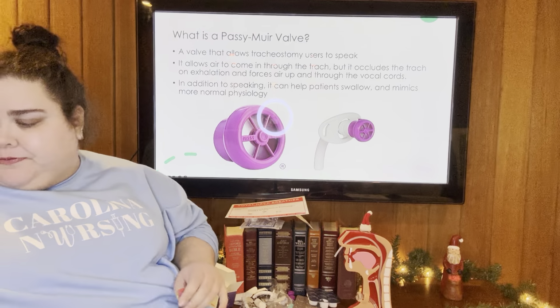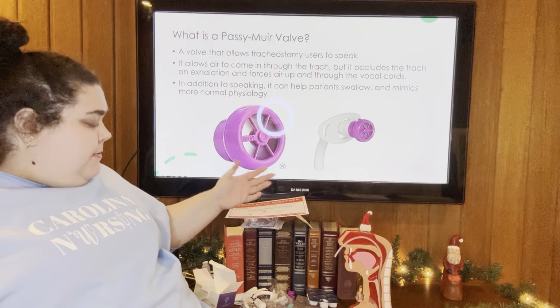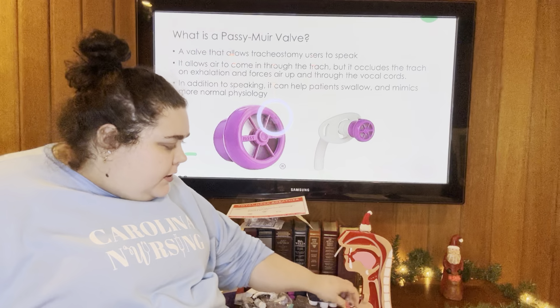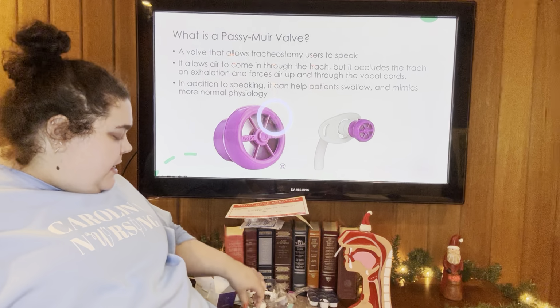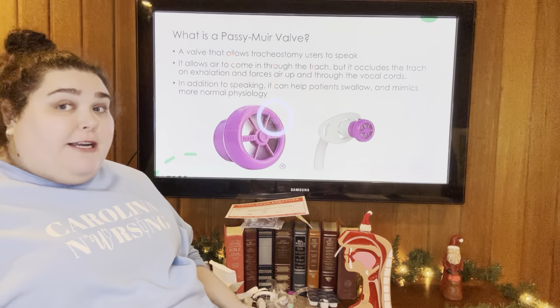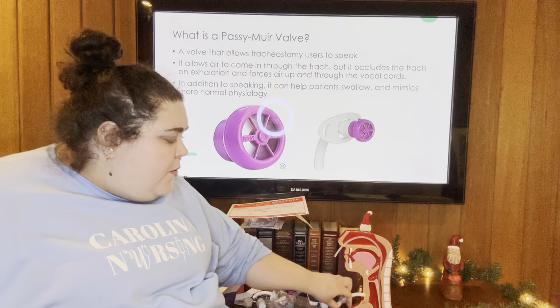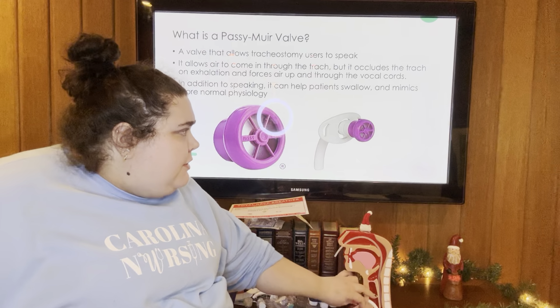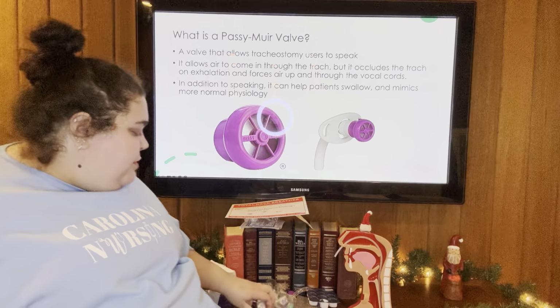So passing mirror valves are really important. They are what allows most of our trach patients to speak. The passing mirror valve is a really interesting contraption.